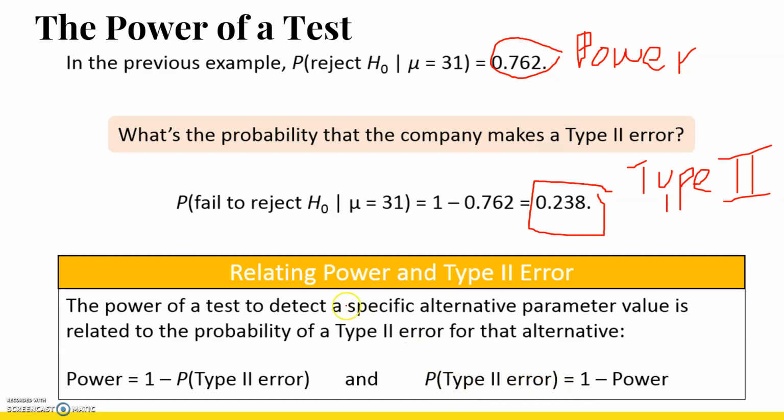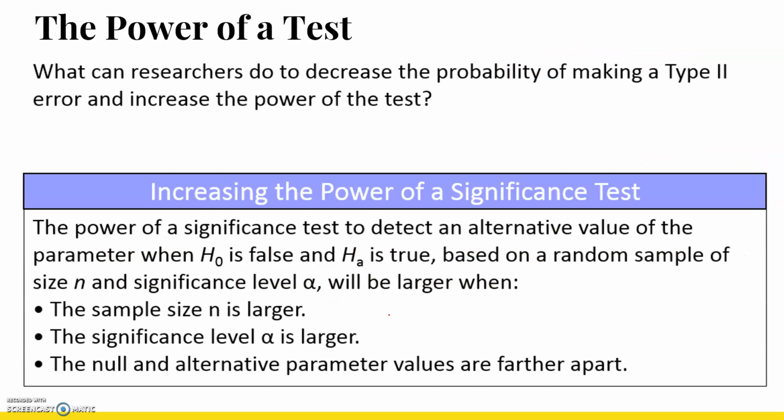So like I said, calculating power directly or type 2 error directly is a very detailed calculation that goes beyond the scope of our class. But you will usually get one or the other, and you'll easily be able to find one given the other. So let's try that out on the resulting slides.